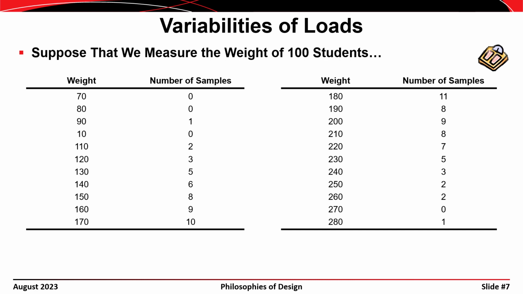So we say that there's one person that has a weight that's between 86 and 95 pounds. There are 2 people that weigh between 105 and 115 pounds, et cetera, et cetera. On average, the students weigh 180 pounds, and the standard deviation would be 38 pounds.